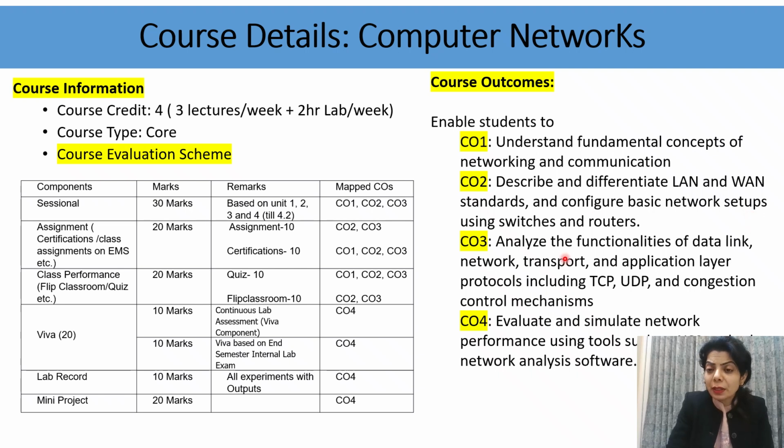And coming to the functionality of the data link layer, transport layer and network layer, you should be able to understand as well as analyze the functionality of these layers. Then CO4 talks about the simulation tools that you will be practicing in the lab. So we want every student at the end of this course to be able to perform all such tasks.